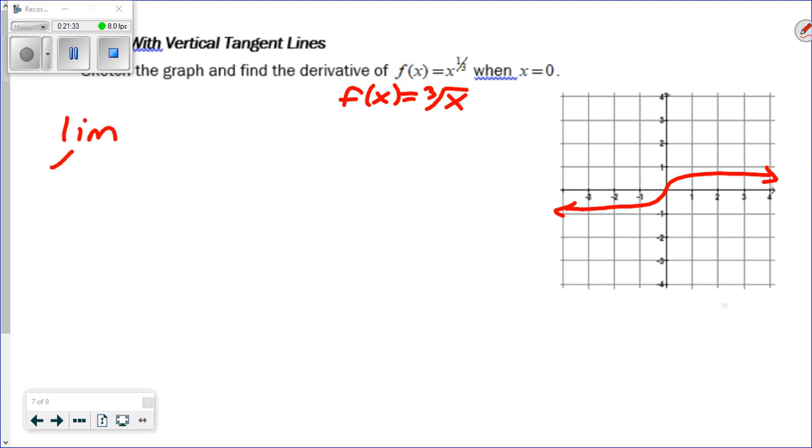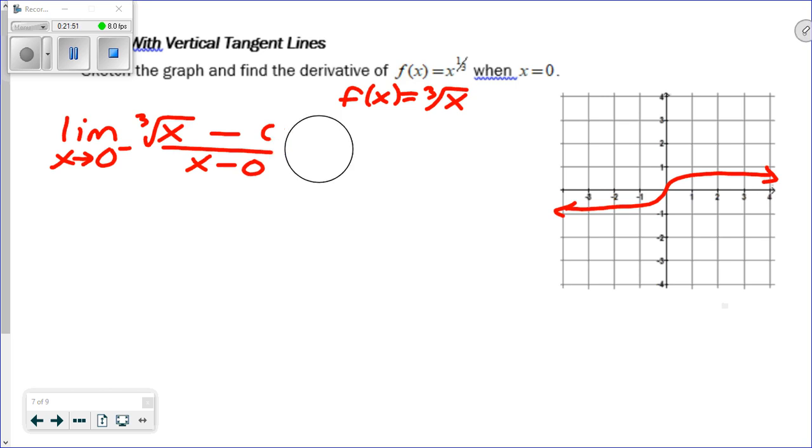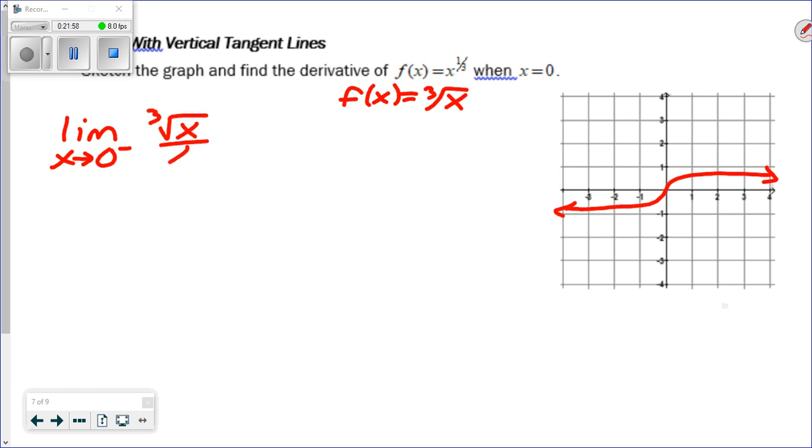We're going to find the limit as x approaches 0 from the left of f of x minus f of c, so cube root of 0 is 0, all over x minus c. So this will just simplify to cube root of x over x. And actually, I could even simplify that, but that's okay.